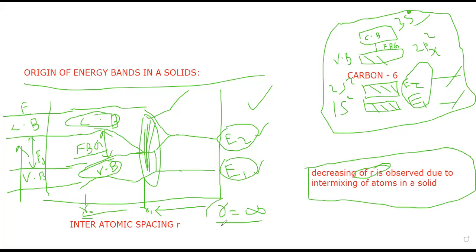At a large interatomic spacing, separate energy levels E1 and E2 are there. At a smaller interatomic spacing, the energies form a band. At a very small interatomic spacing, these bands are again split into the valence band and conduction band with some forbidden gap. This is the origin of energy bands in a solid.